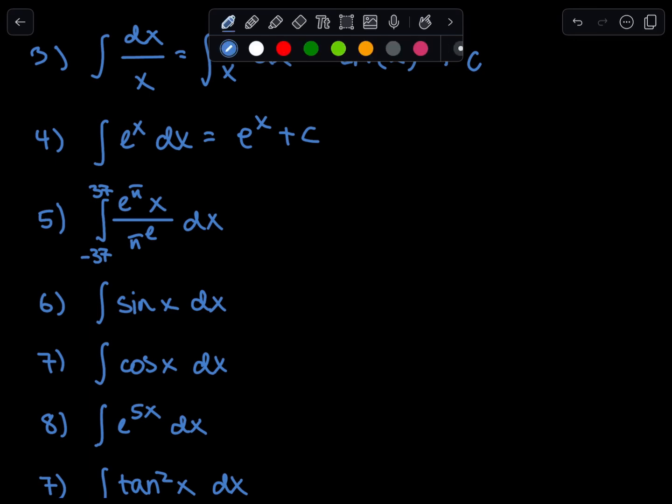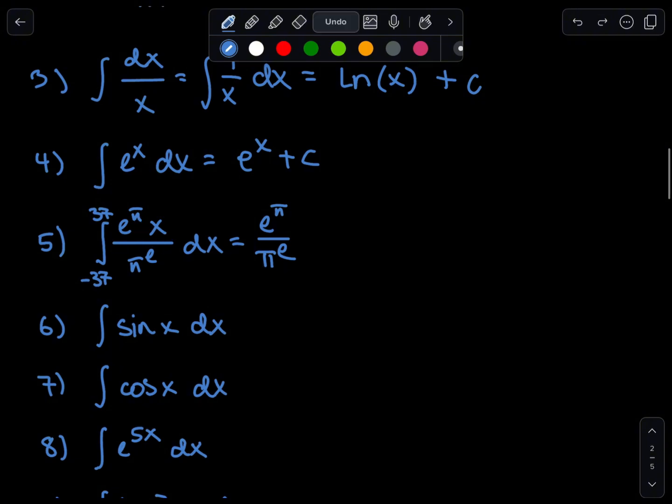We can first pull the constants outside of the integral, e to the power of pi divided by pi to the power of e. And now we just have x left over. We can use the reverse power rule. We have x to the power of 1.